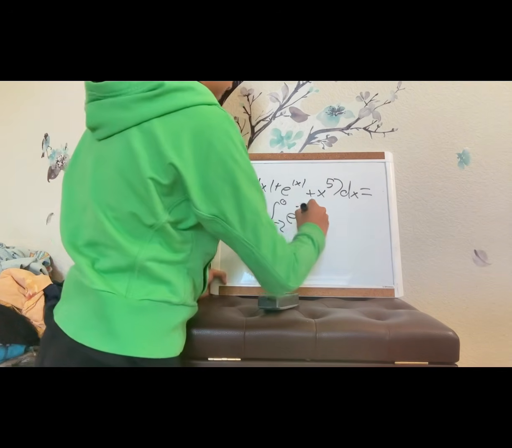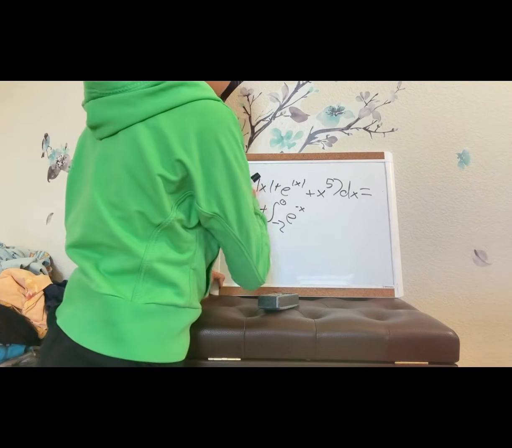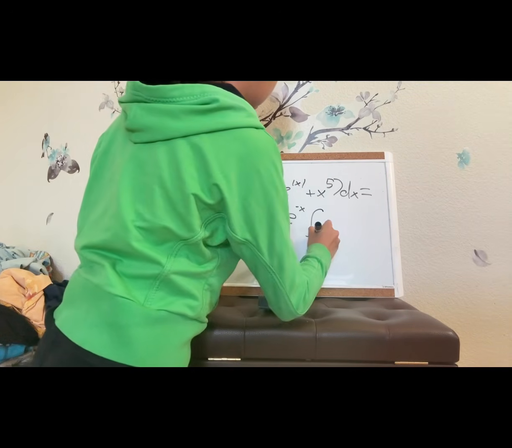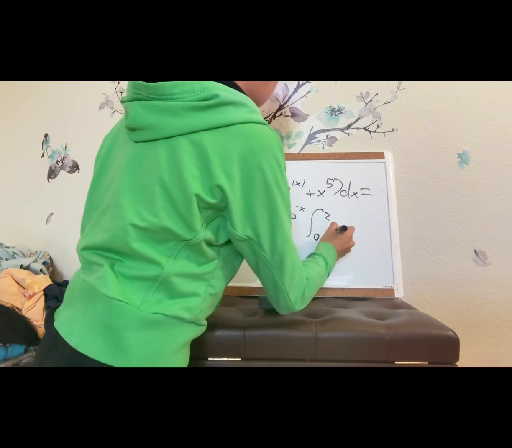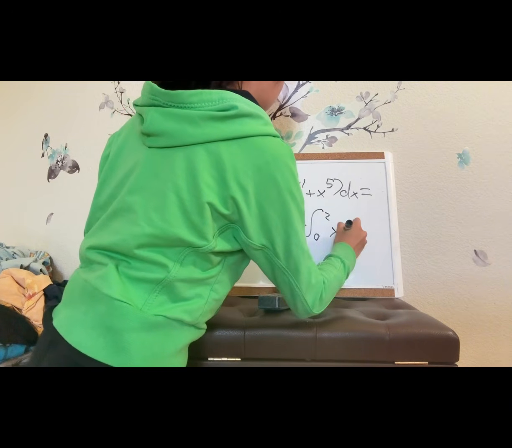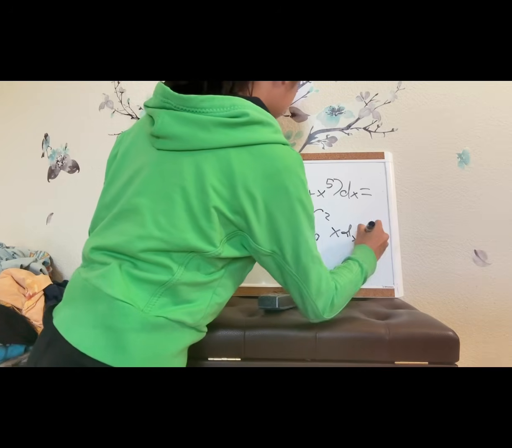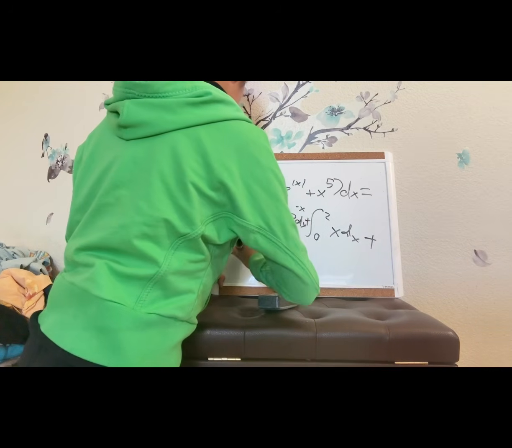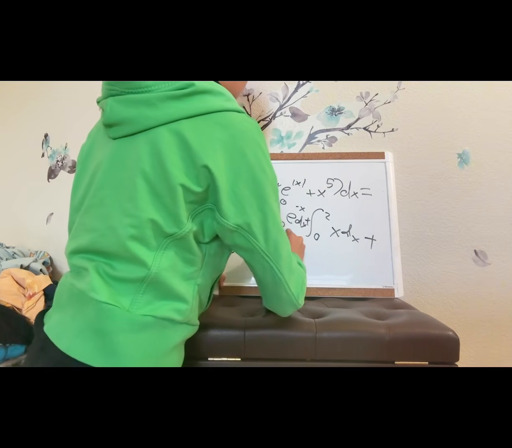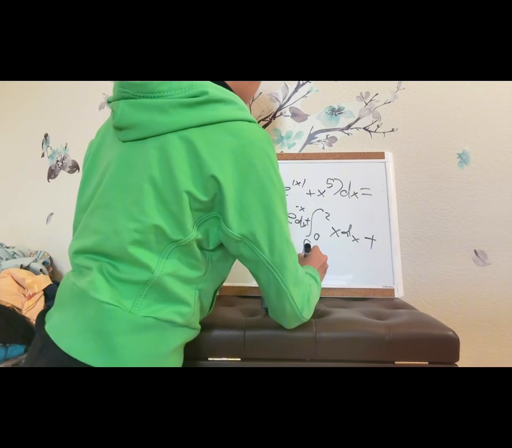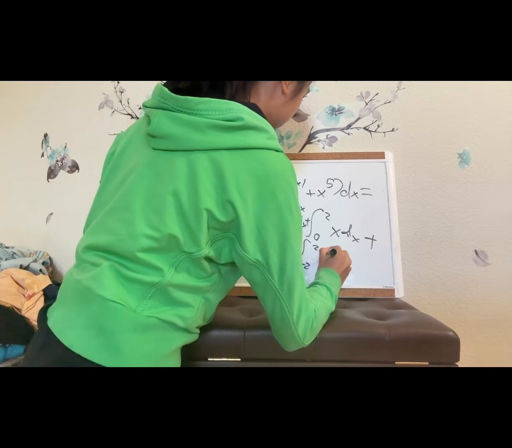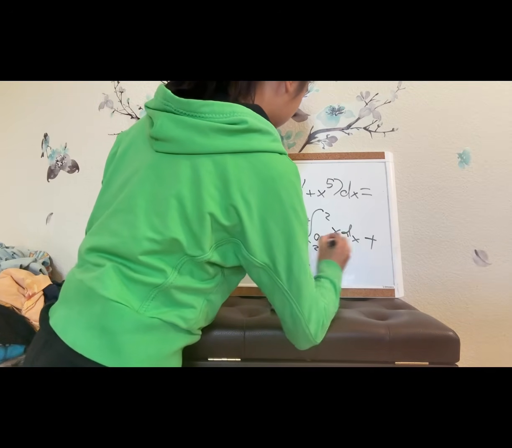So I'm just gonna write down integration symbol from 0 to 2 of x dx, and then plus integration symbol 0 to 2 of e to the x, and then plus integration symbol from -2 to 2 of x to the 5th power.